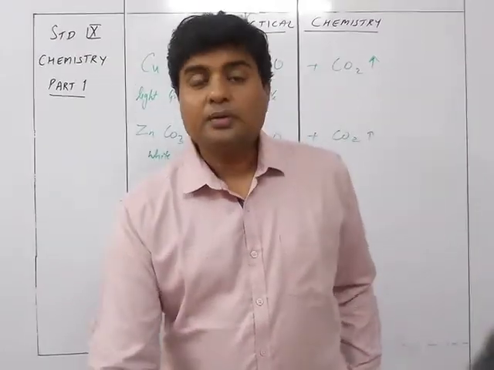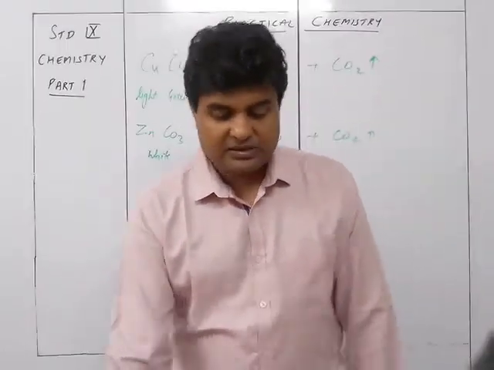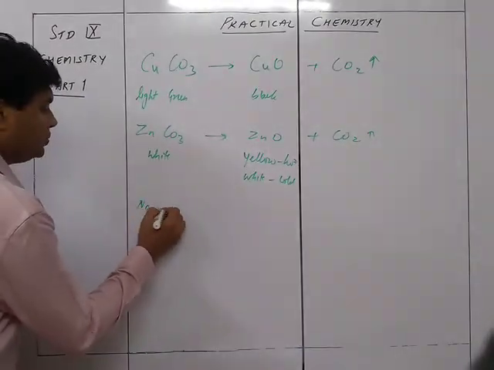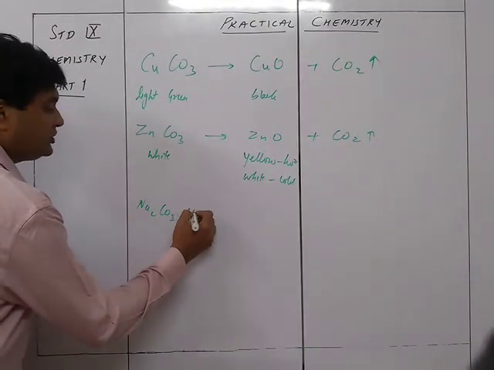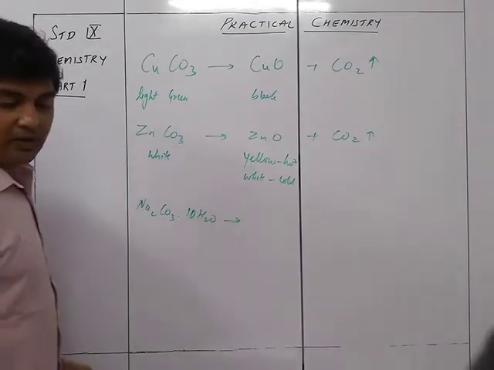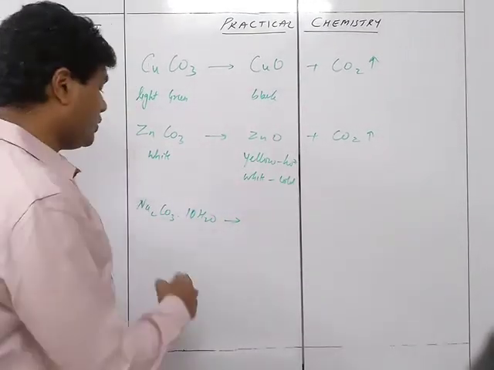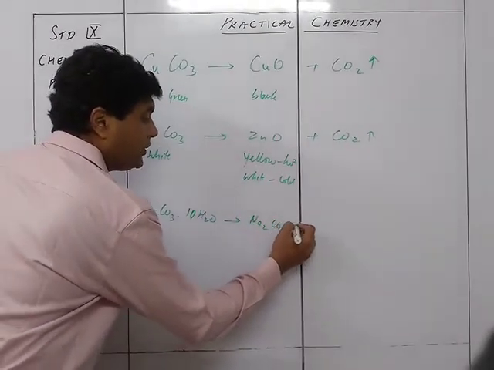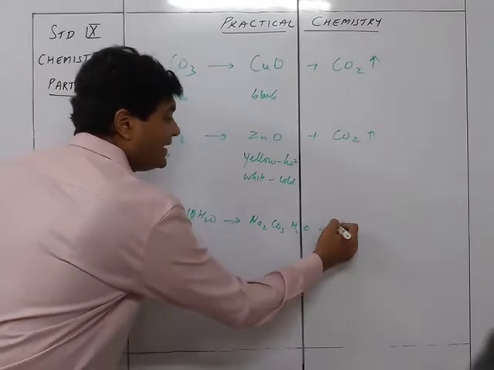The next is washing soda, that is Na2CO3.10H2O. This is washing soda. On heating, it is not going to be completely dehydrated. So it is Na2CO3.H2O plus 9H2O.